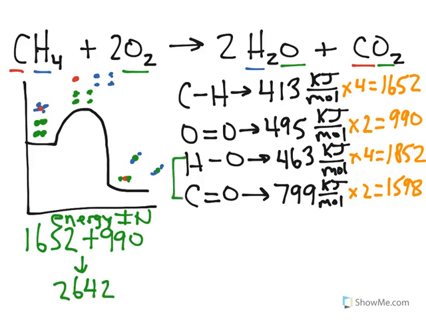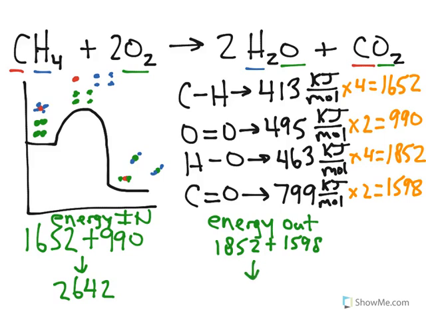Then if we take these two, which are the bonds being formed, this will be energy out, because energy is released as those bonds form. So that's 1852 plus 1598 for a grand total coming out of 3450.